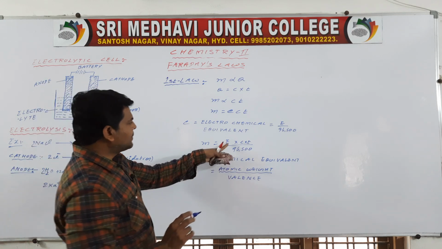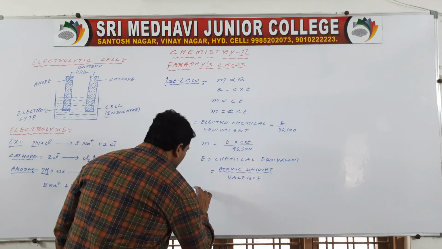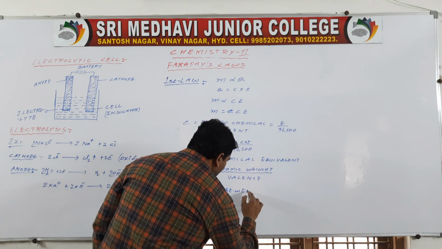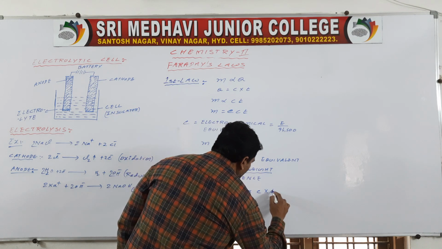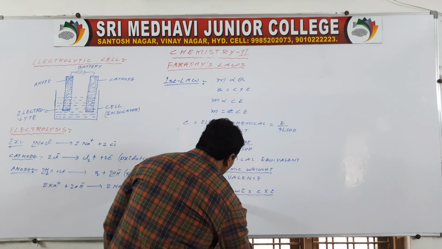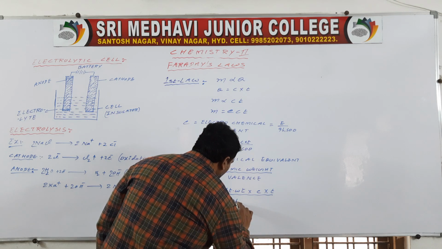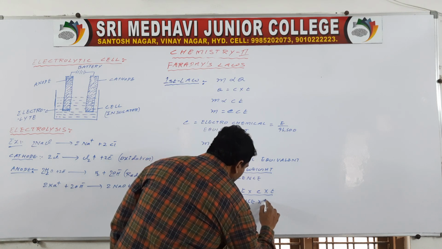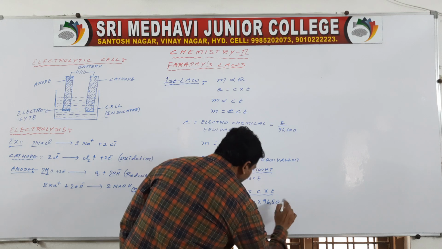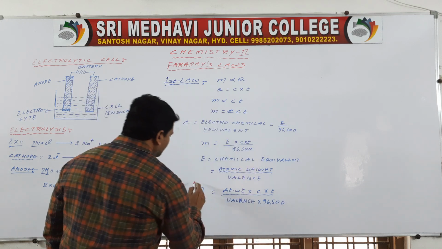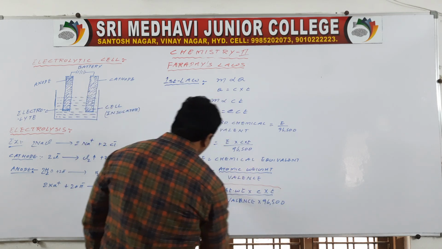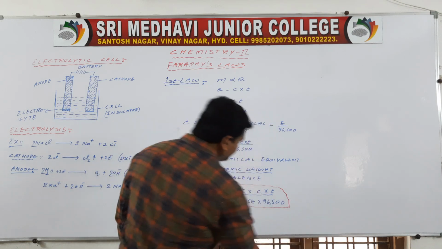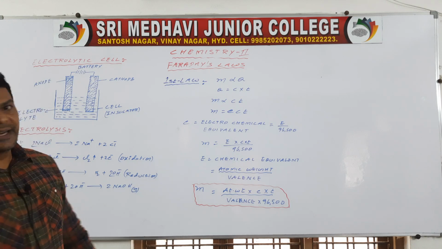So in the place of capital E I am writing these two. So M equals atomic weight into C into T by valency into 96,500. It is the simplified Faraday's first law.